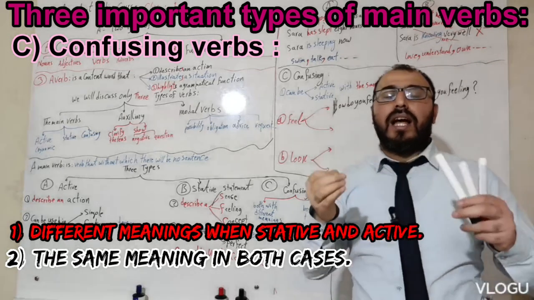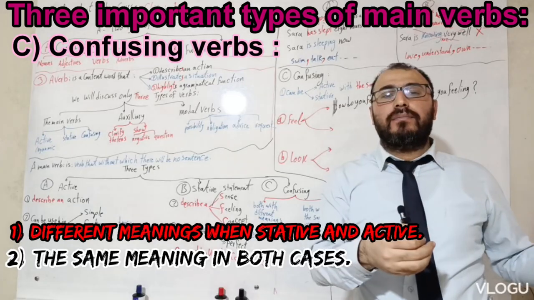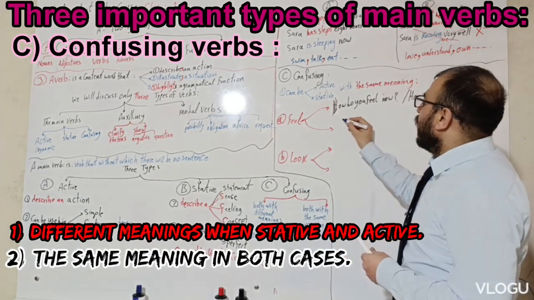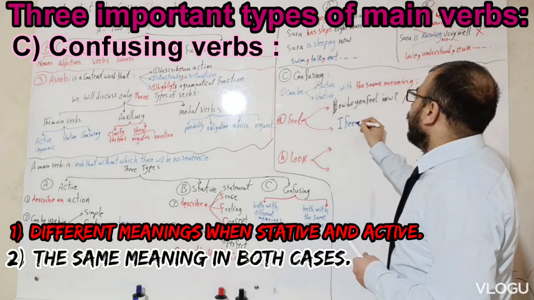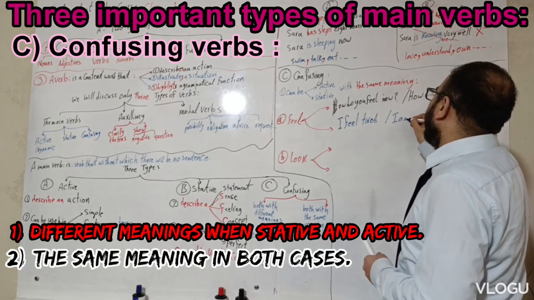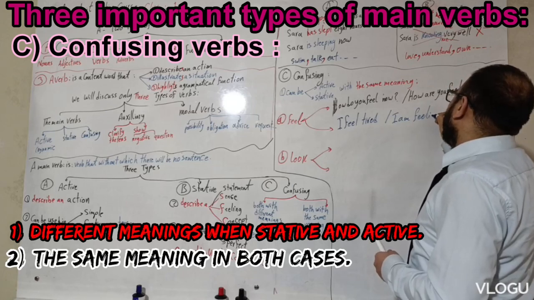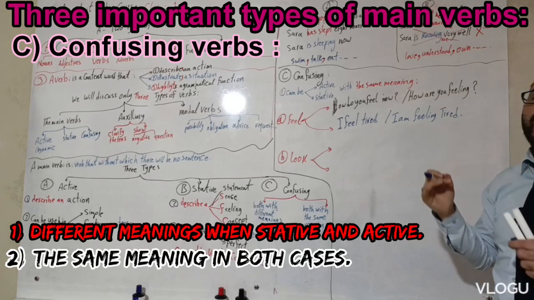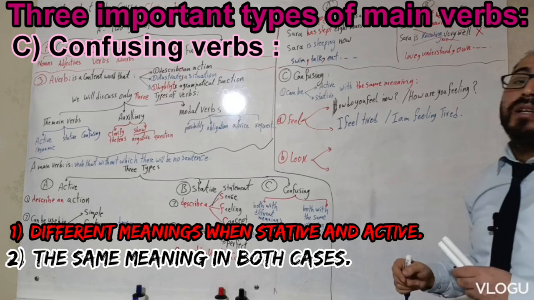These two sentences, my friends, have the same meaning 100%. And here we say, I feel tired, or we can say, I am feeling tired. Again, my friends, those two sentences are identical with the same meaning.